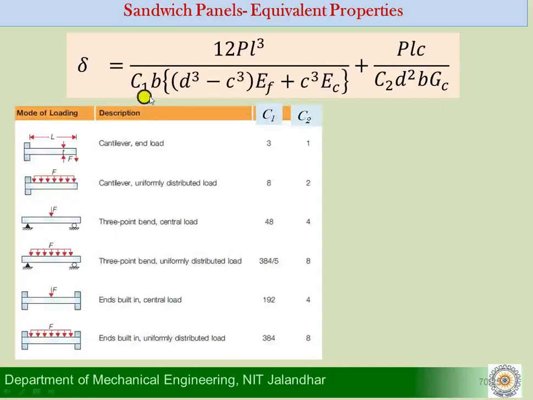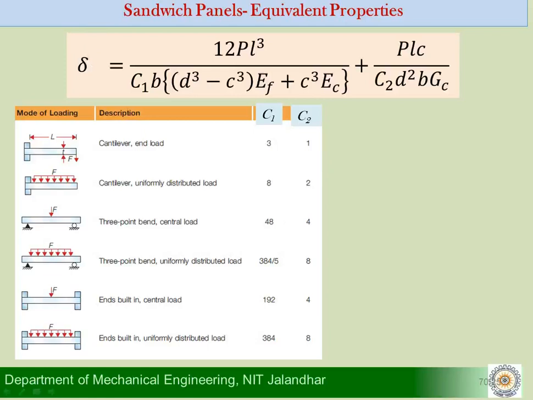I have two constants C1 and C2, and they can be taken out from these tables. For our 3-point bending, C1 is 48 and C2 is 4. If it is a different type of bending setup, the values of C1 and C2 can be found from there.